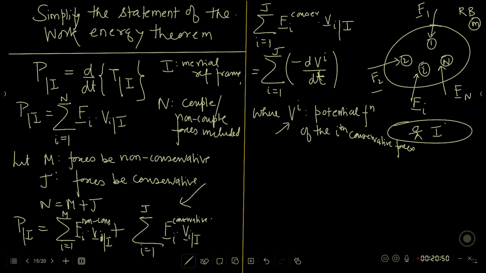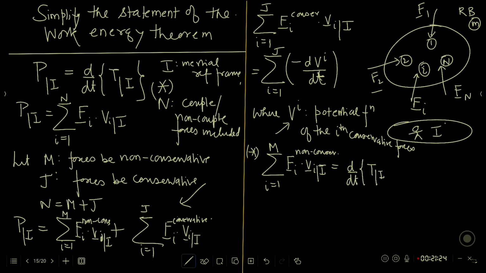So with this grouping, the work energy theorem can be written in this form. On the left hand side, which is Pi, I am going to keep only the non-conservative forces, and on the right hand side I already had the rate of change of kinetic energy of the body, and I am going to bring this summation to the right hand side.